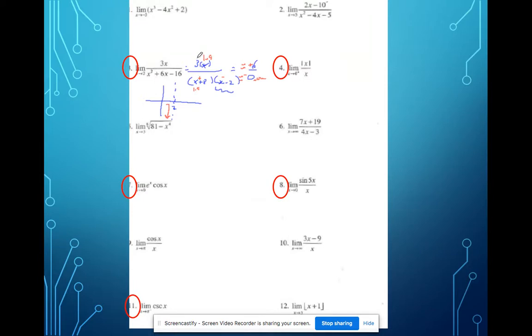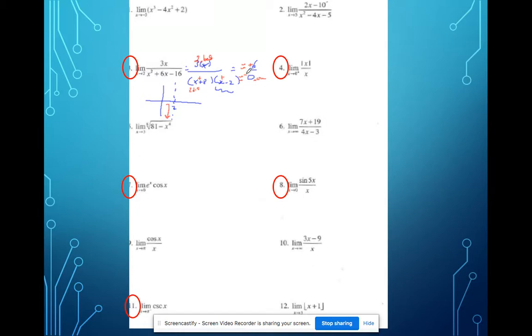How about a number greater than 2, to the right of 2? Plug in a number like 2.1. That's still approximately positive 6-ish. Plug in 2.1 here, the first factor of the denominator is positive. 2.1 minus 2 is also a positive number.